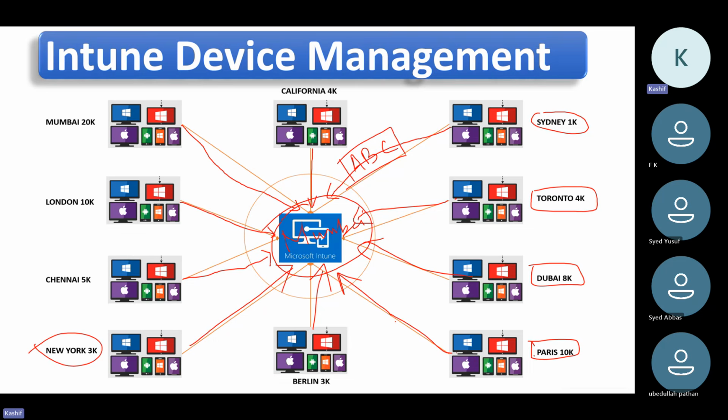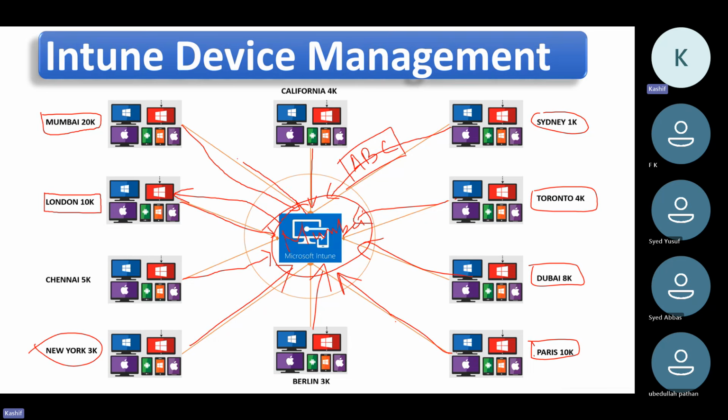You don't have to travel anywhere. Suppose somebody calls from London that they need Google Chrome on 100 devices. You can create a policy and send it to the London devices. Google Chrome will get installed on those devices. Suppose somebody calls from Mumbai, they need Microsoft Office application on 20,000 computers.